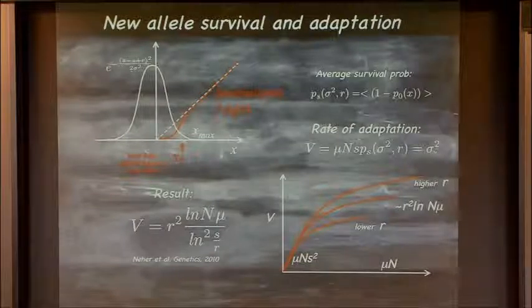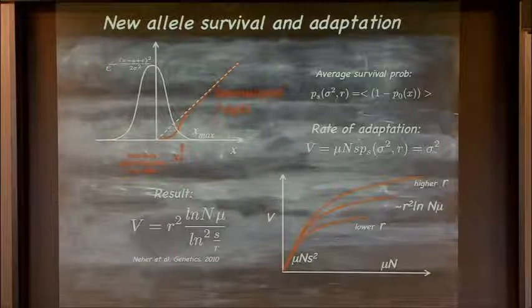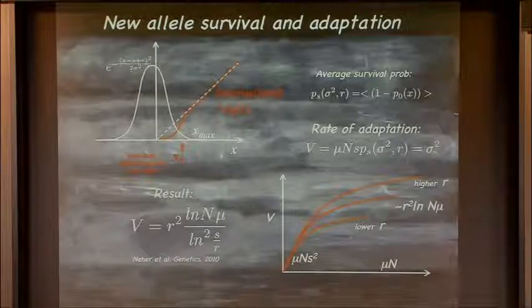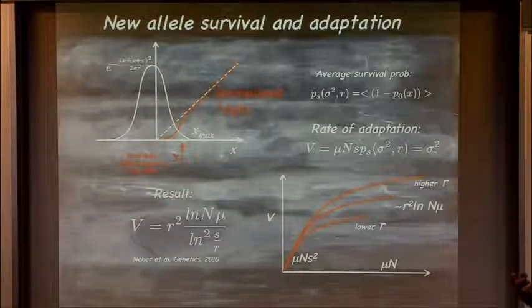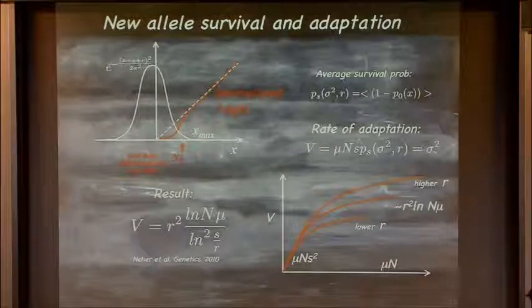And the result is as follows. For large mutation rates, large population sizes, we still have only logarithmic rate of, the speed of adaptation still only depends on the logarithm of the population size. So in that sense, sex and recombination have failed to completely eliminate clonal competition.